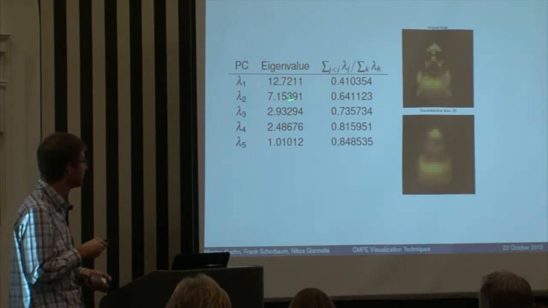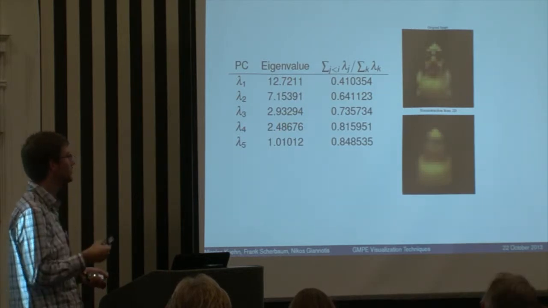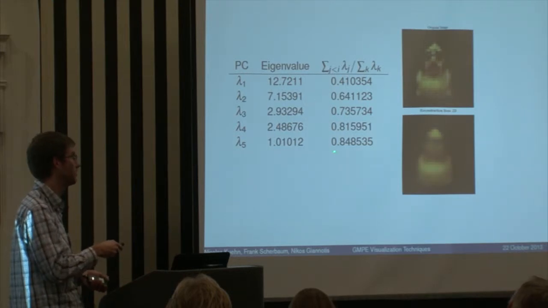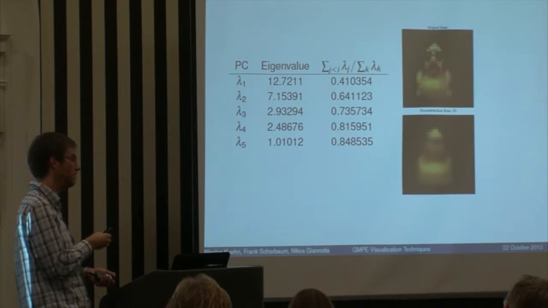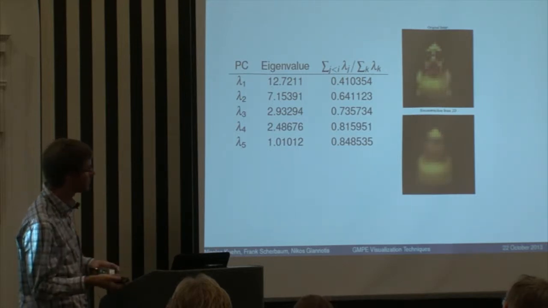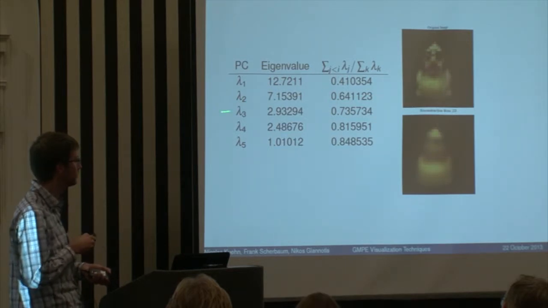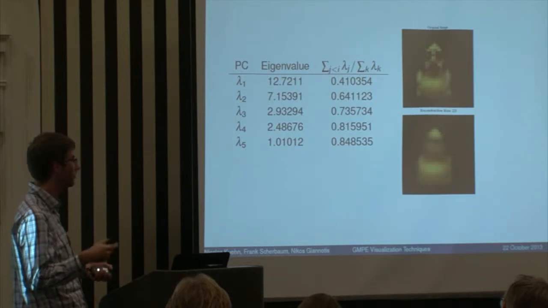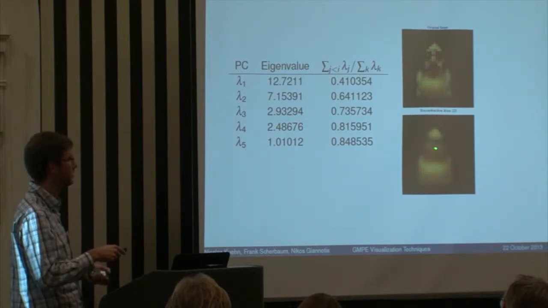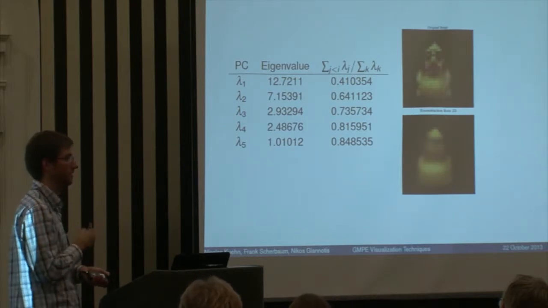This is the amount of variance explained by the first two principal components, and so on and so on. What this means is we are at 64% here. That means if I reconstruct my original image just from the two principal components, just from the two-dimensional point, I get something like this, which is kind of similar to that one, but it is slightly different.